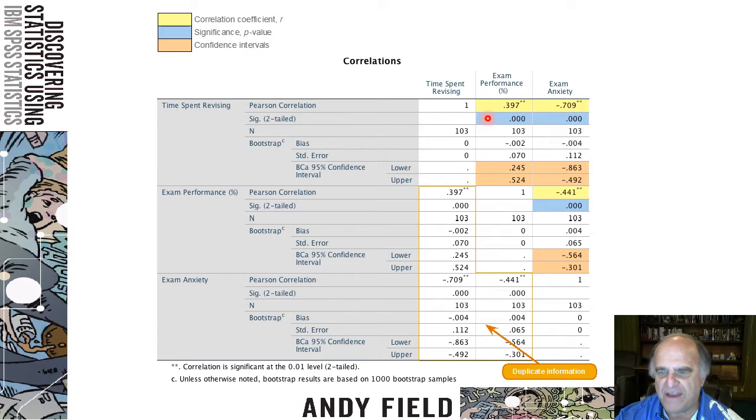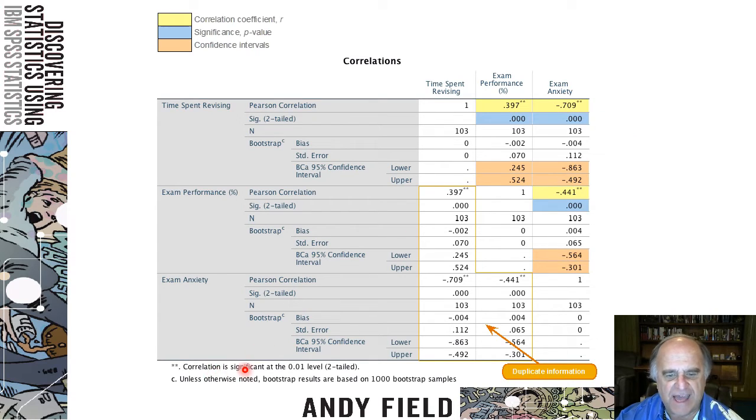The p-value or significance level associated with that, two-tailed, is 0.000, and there are 103 subjects or participants. For time spent revising and exam anxiety, the correlation is a negative 0.709, very high. It's significant at the 0.000 level, so very significant.